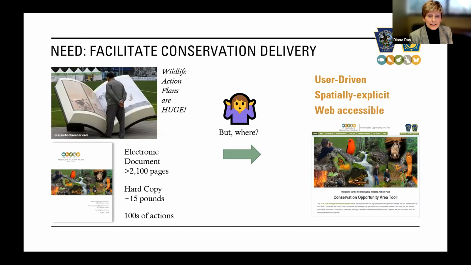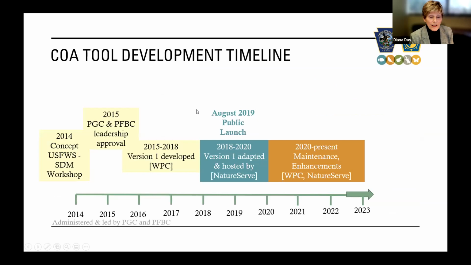So where is conservation to be done? That's difficult for a lot of users. And so what we wanted to do was to provide a web accessible tool that is user driven. So the result is the Conservation Opportunity Area tool.